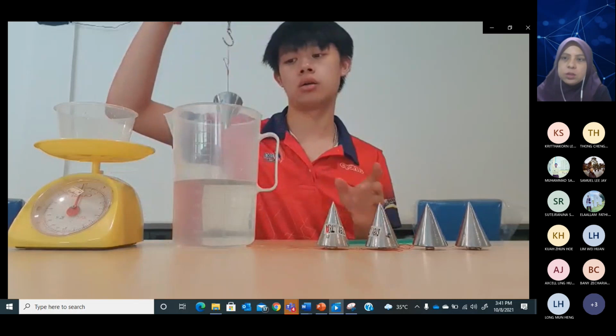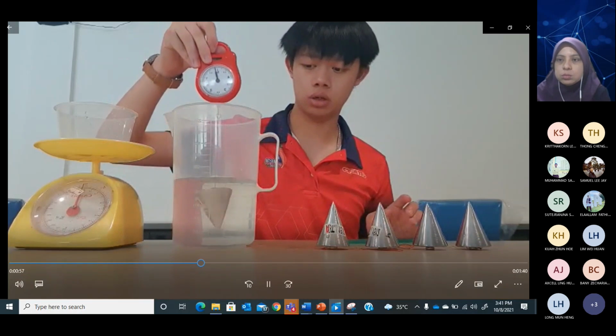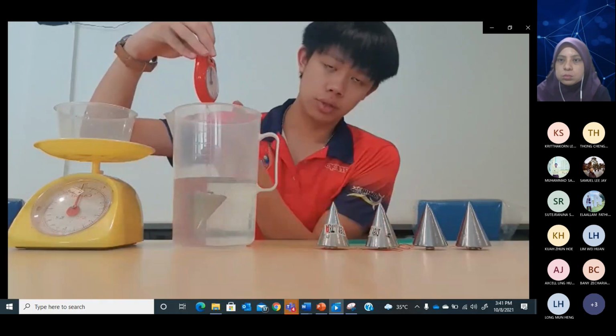Then immerse the Share already lah the conical body audio. into the water. Then take down the reading again. Okay, wait. Include computer sound.